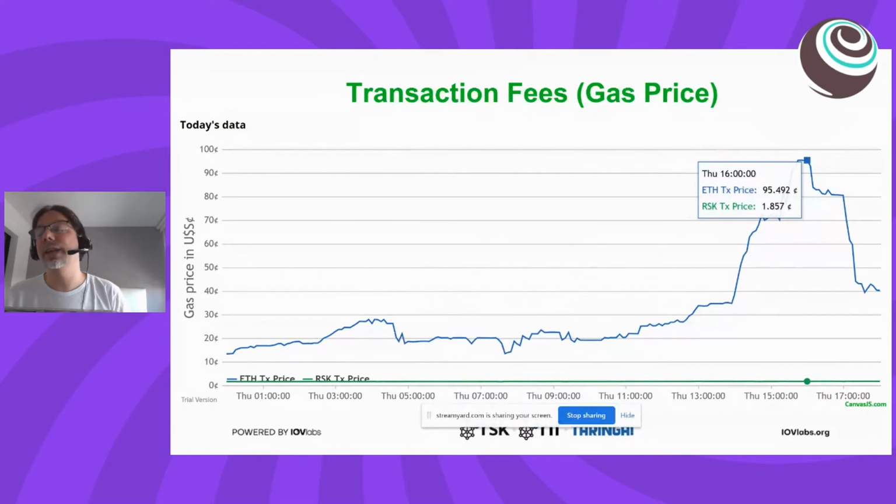So this is a graph taken yesterday, and the RSK price for a simple value transfer transaction was about 1.8 cents, and for Ethereum, it was between 20 cents and almost $1. So the difference can be quite huge, from 10 times to 50 times, but also RSK fees are currently much more stable than Ethereum fees, for obvious reasons.